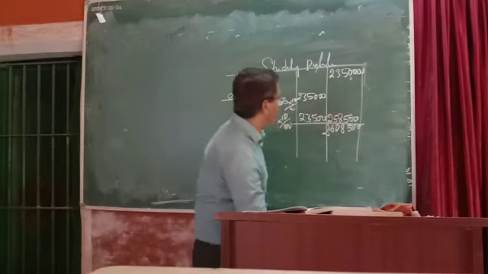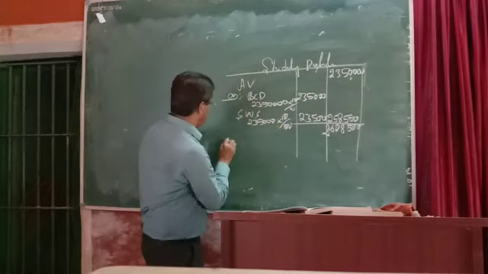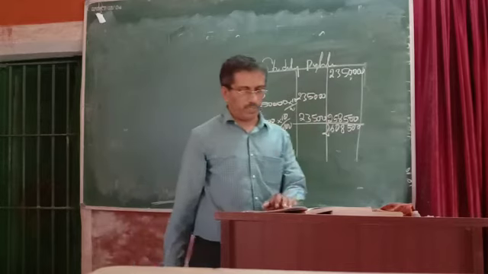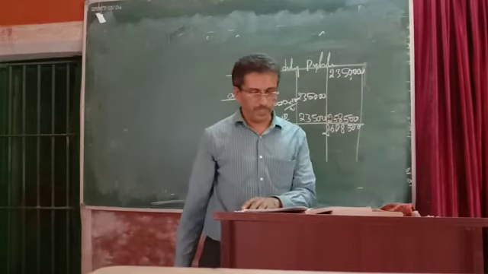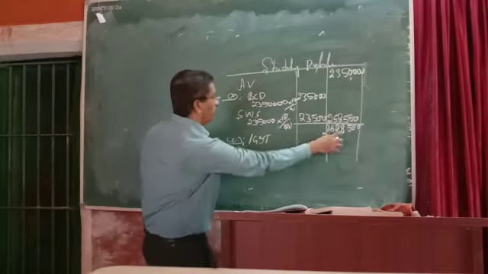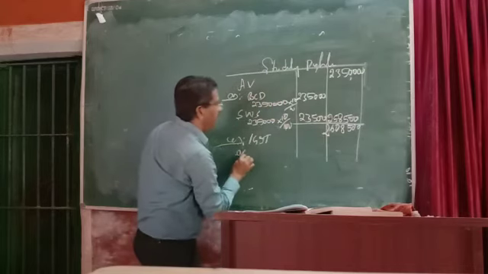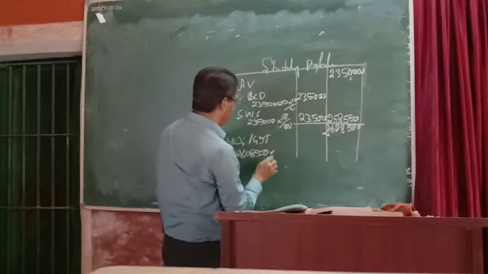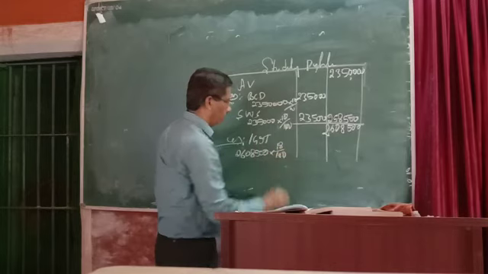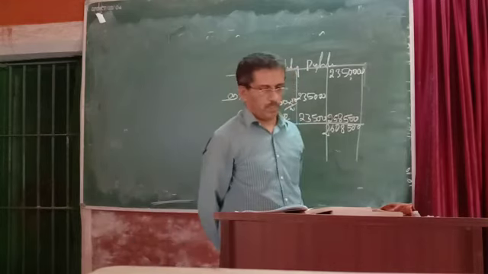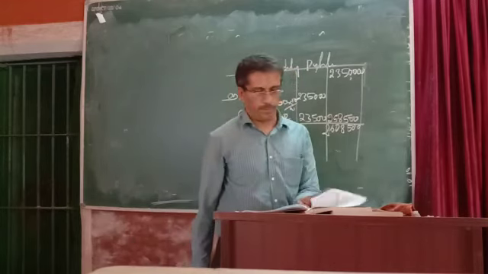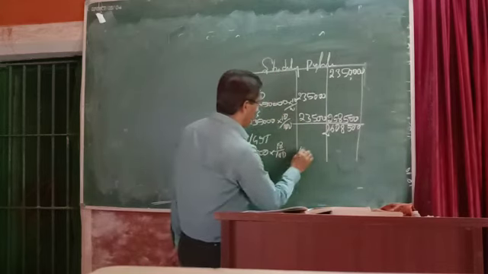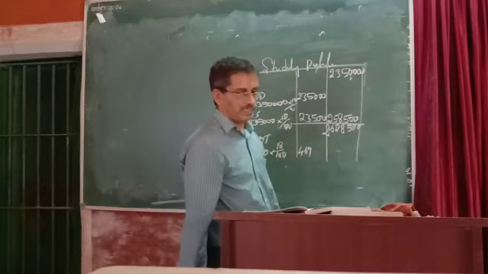Now we are supposed to calculate what should be the IGST. Here IGST is 18% on this 26,08,500. Into 18% should be 4,69,530.